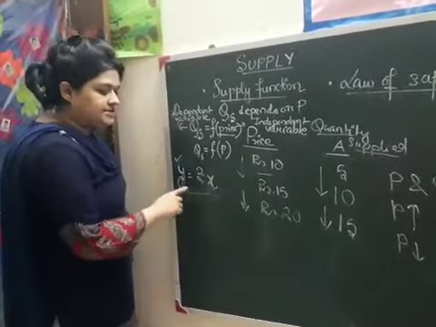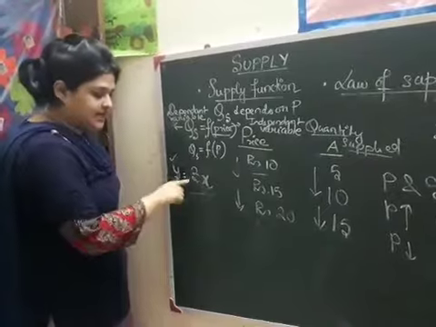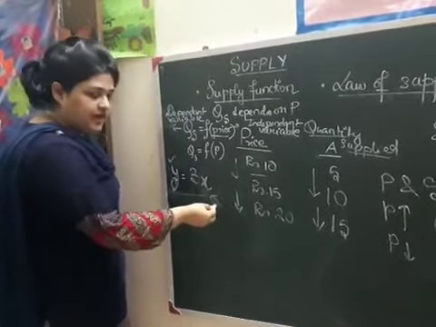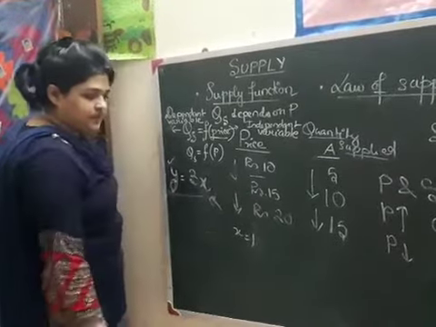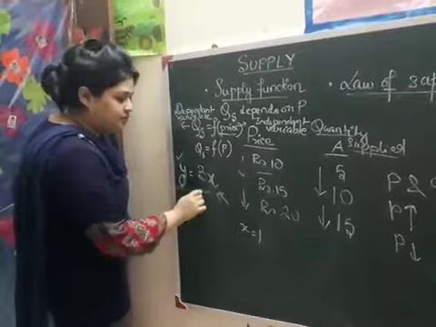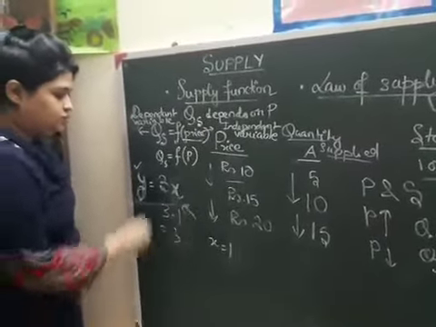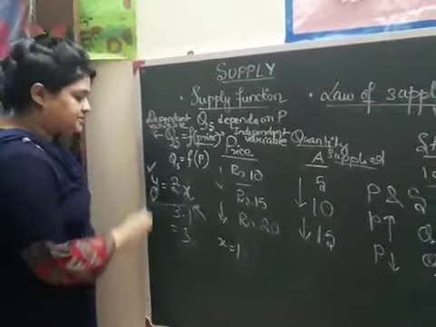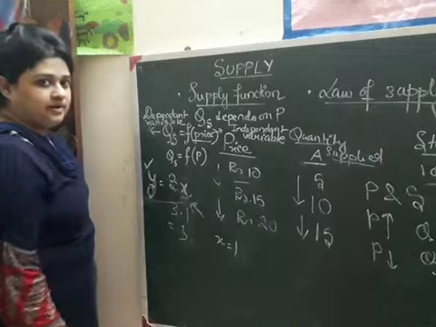That means x doesn't depend on the value of y. The equation tells us that if we know the value of x and place it in the equation, suppose x is equal to 1, it doesn't depend on y. But knowing x, we can find the value of y. That means 3 into 1, which is equal to 3. So y depends on the value of x, so it is the dependent variable, whereas x is independent.